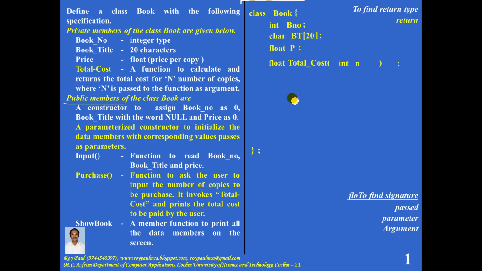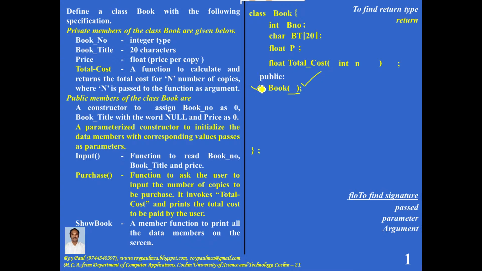Public members. You can use the access specifier name public followed by colon. Yes, public followed by colon. A constructor. When you understand that a particular member is a function, straight away you can write the name of the function, and a constructor has the same name as that of the class, followed by function symbol and semicolon.